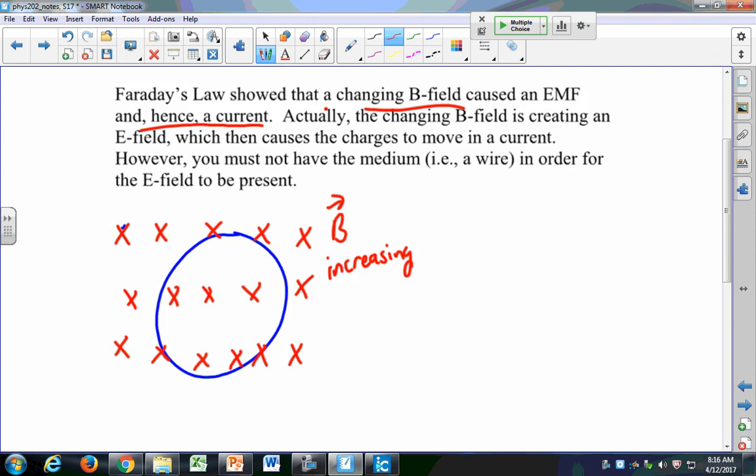Will the induced magnetic field by this coil of wire be into the page, out of the page, to the right, or to the left? Let's do it as a clicker question. The induced magnetic field in the middle of that coil of wire will be in what direction?